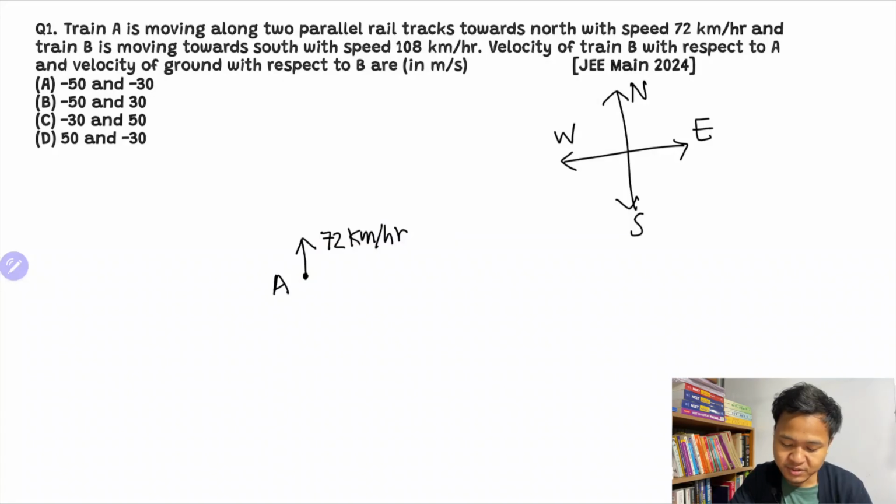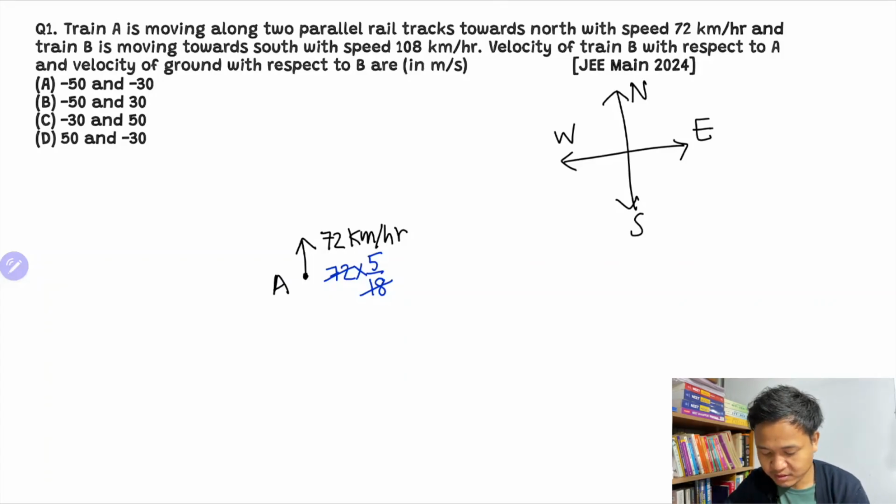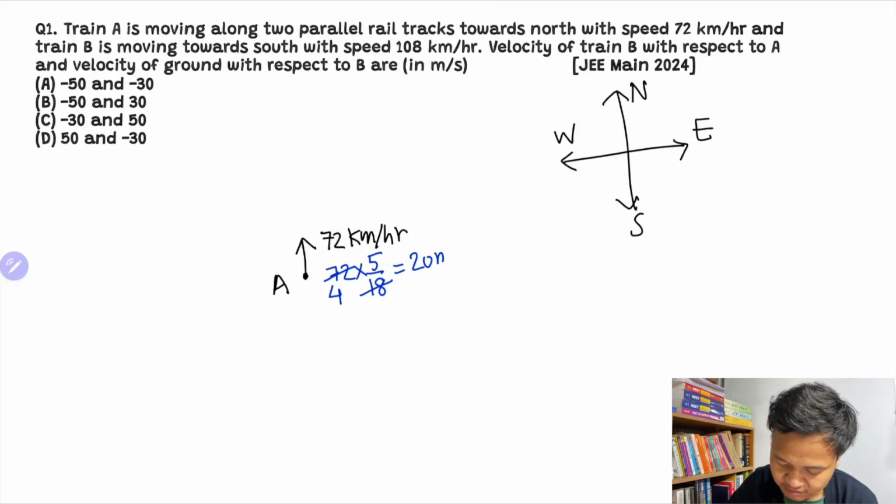To convert kilometer per hour to meter per second, you multiply by 5 by 18. 9 2s are 18, 9 8s are 72, so 5 4s are 20 meter per second.